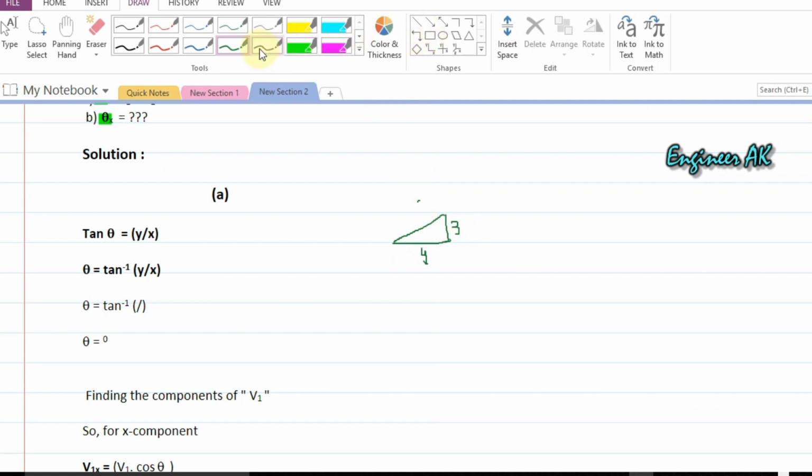So first we have to find this angle. If I apply tangent, tangent theta is equal to perpendicular by base. Here perpendicular is 3 and base is 4. So let's plug in this value in the calculator.